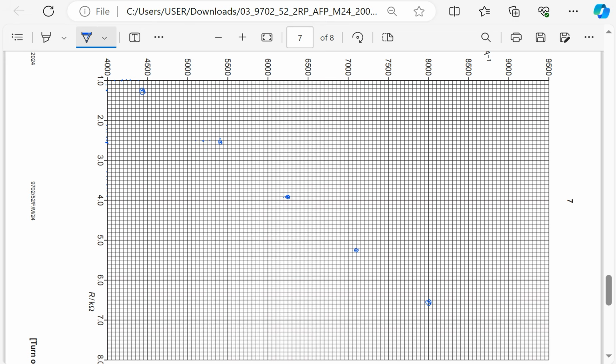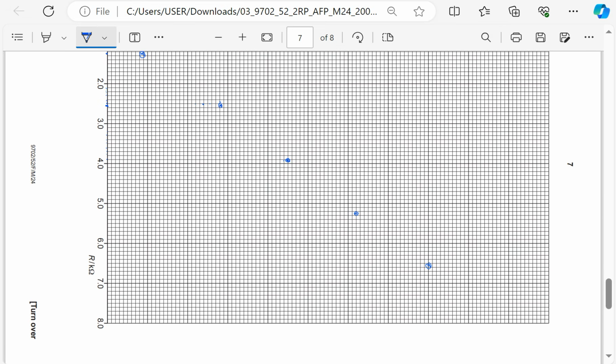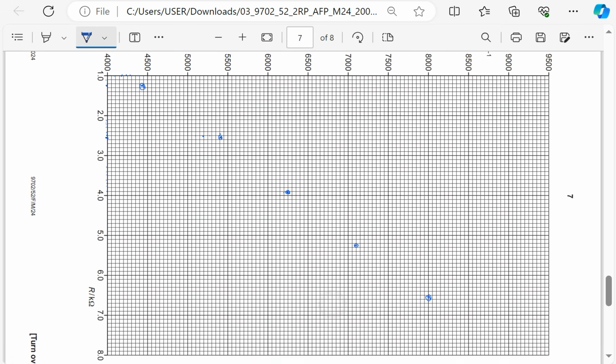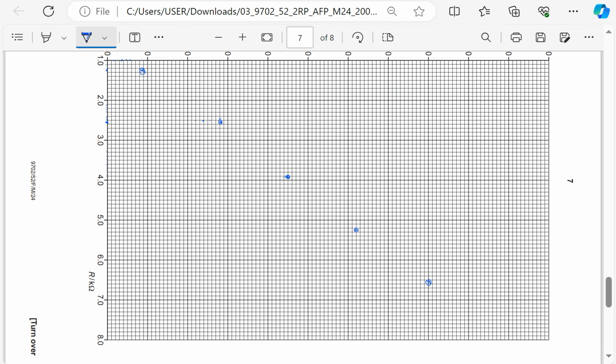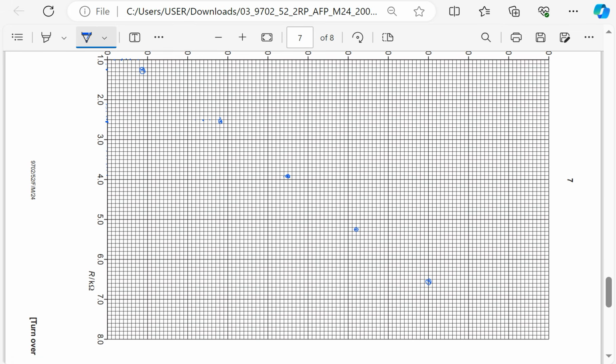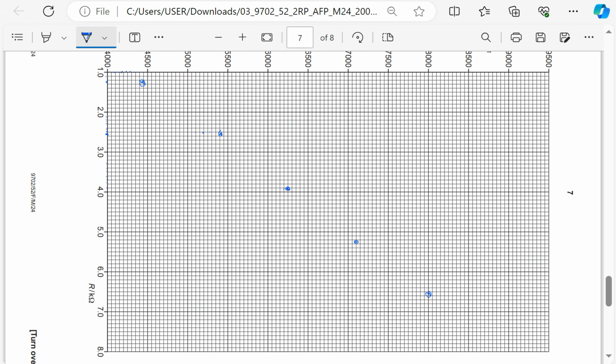Then the next point was 7.8 against 8,700. So 7.8, I'll count 8 boxes. Then against 8,700, this is 8,500, 8,600, 8,700, 1, 2, 3, 4, 5, 6, 7, 8. So this must be here.